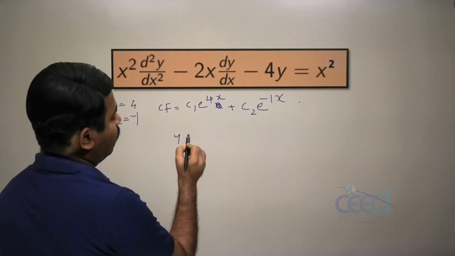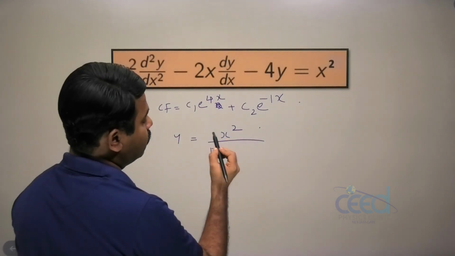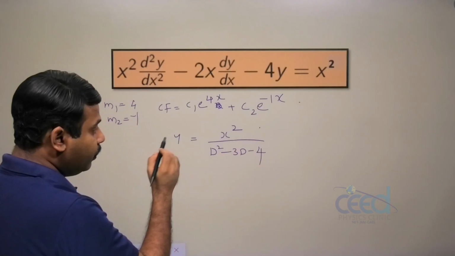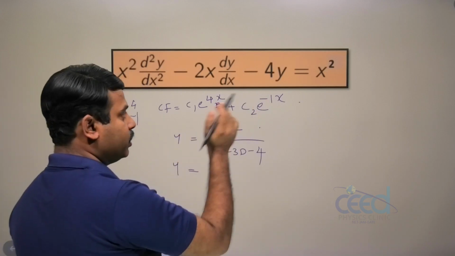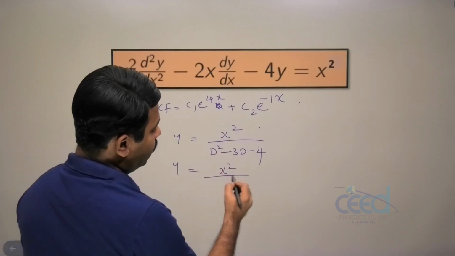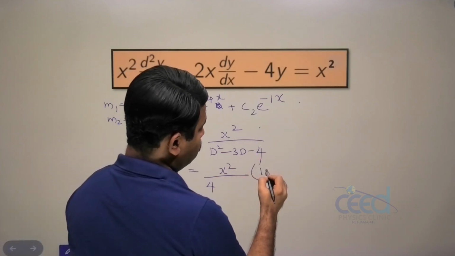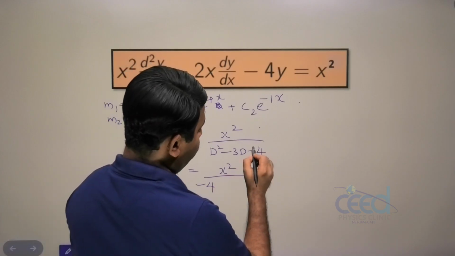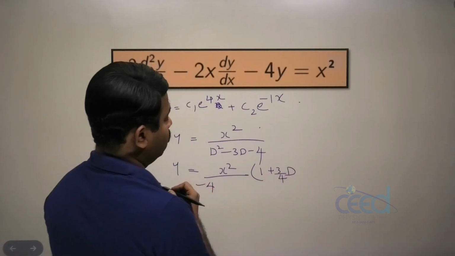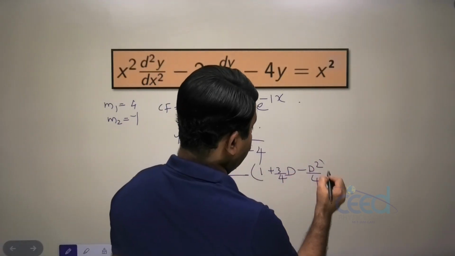Now what is our solution? Y is equal to x square divided by D square minus 3D minus 4. This only we are getting. We have to solve it for the right-hand side x square. We take minus 4 out, then you can write this as minus x square by 4 into 1 plus 3 by 4 D minus D square divided by 4, all raised to minus 1.